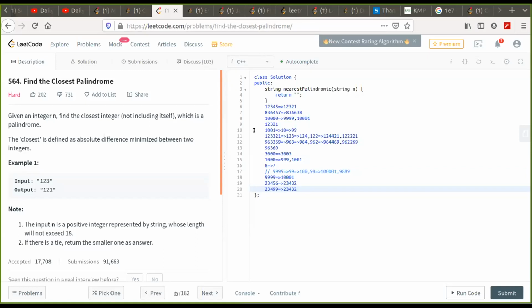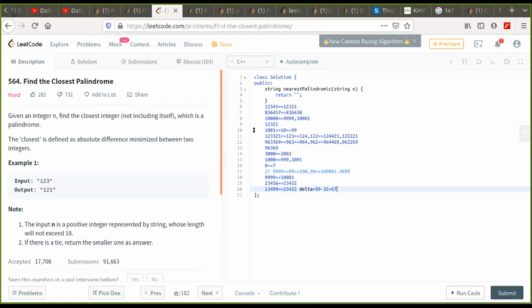So what happened now? The delta is 99 minus 32, right? It's more than 50 for sure, it's 67.